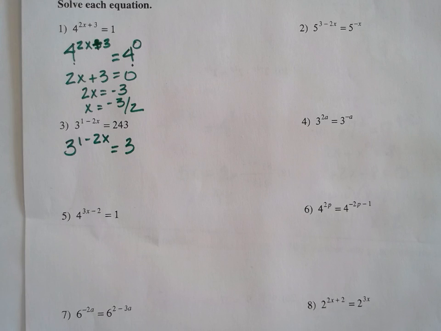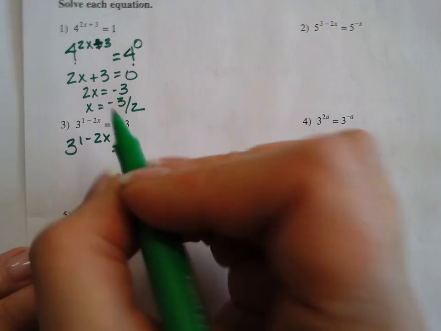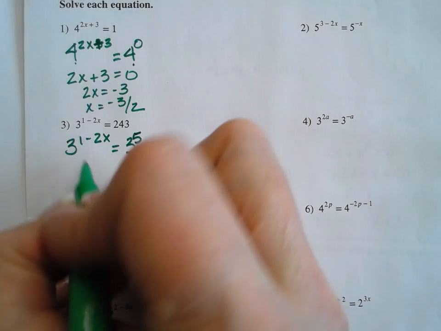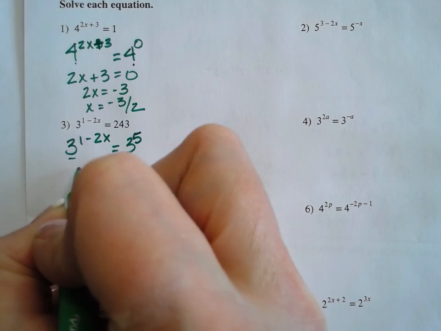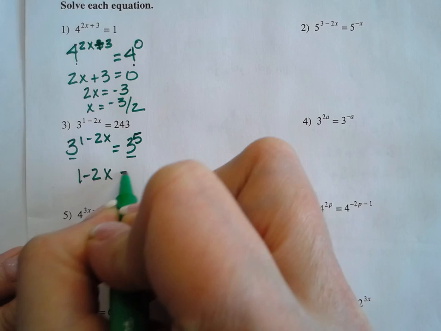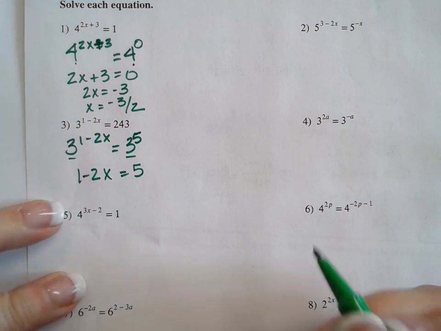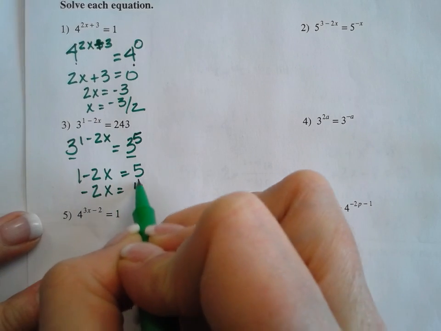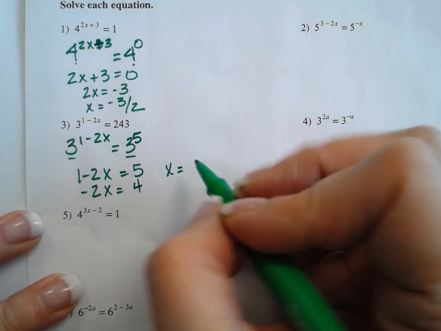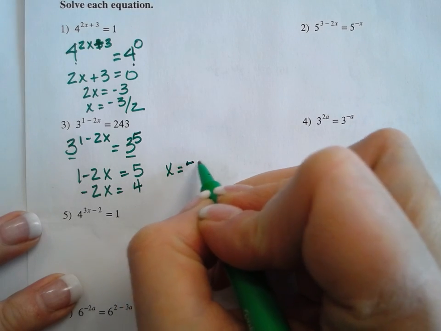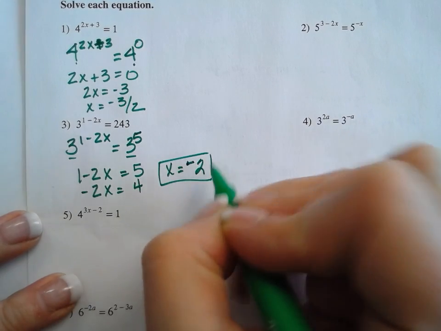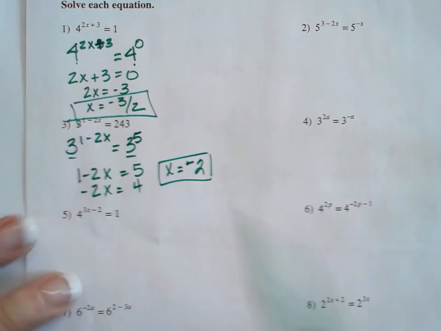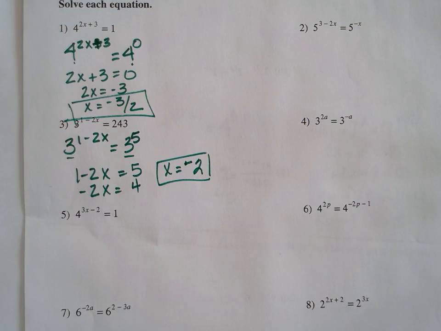What'd you find? It's to the 5th. To the 5th? Okay. So bases are the same. 1 minus 2x equals 5. So negative 2x is equal to 4. So x is equal to negative 2. Good.